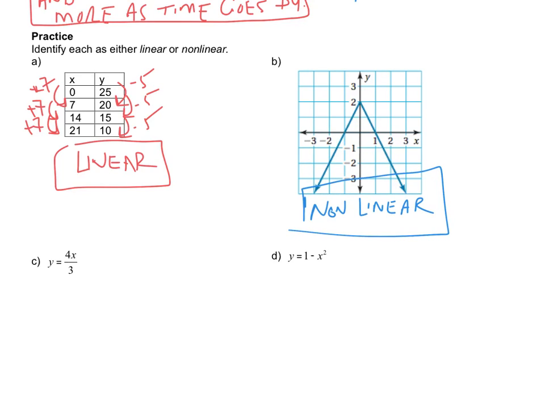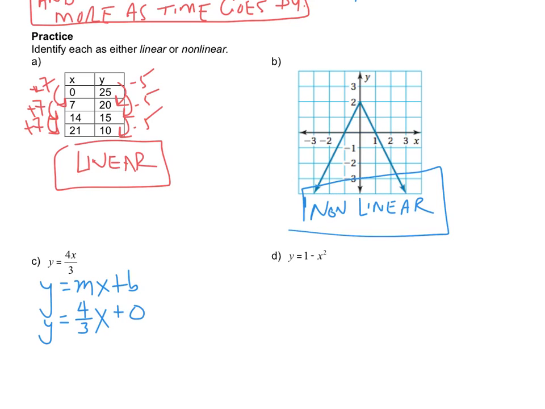This next one is tricky because we talked about exponents in the denominator, and it doesn't look like y equals mx plus b. But really, it has to be written as y equals mx plus b. In reality, this is the same thing as 4/3 times x, that's where the 4x over 3 comes in, plus 0.